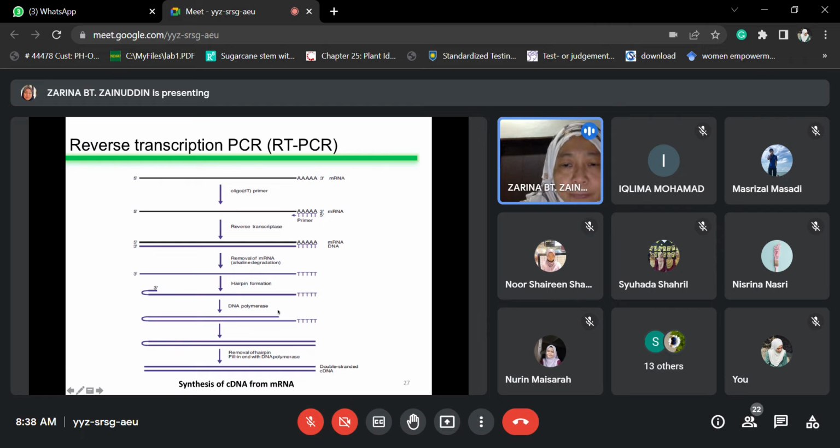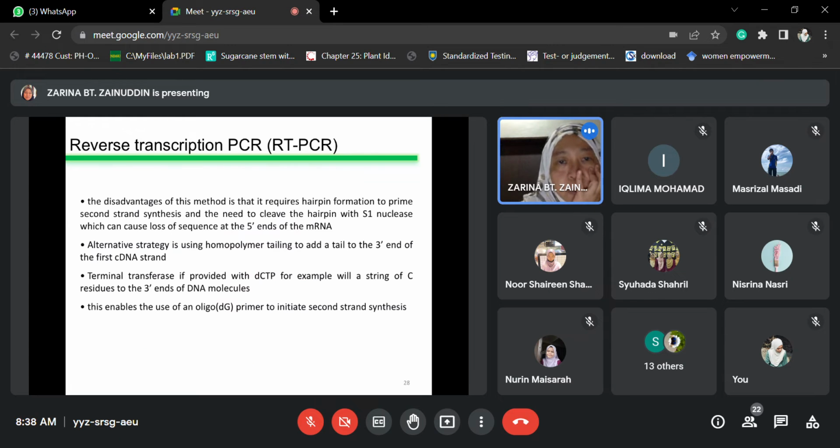Now you have two strands, but you want to remove this hairpin. So you treat it and fill in the end with polymerase, and you get double stranded cDNA. Any question? None, clear? Okay, I think that's very simple.